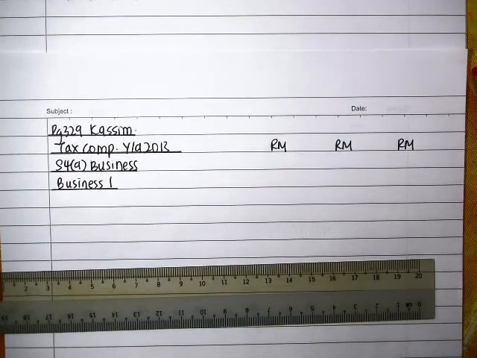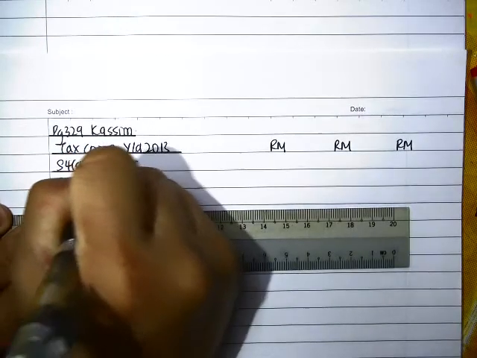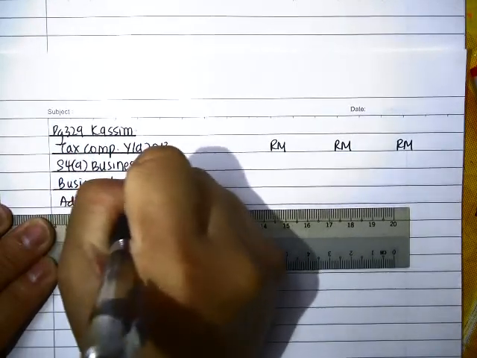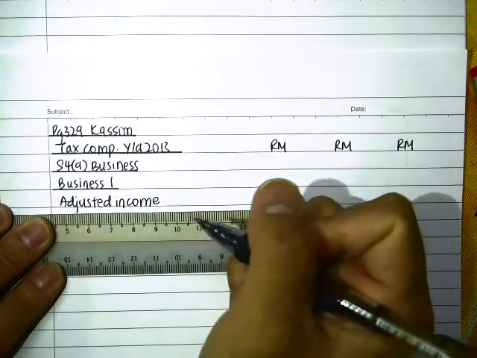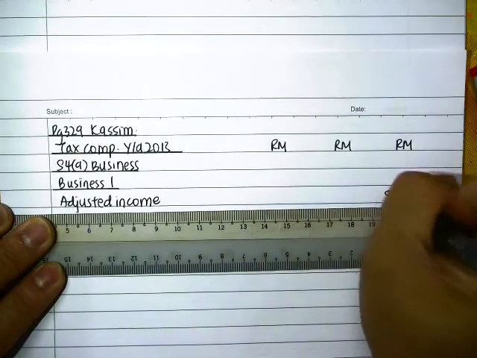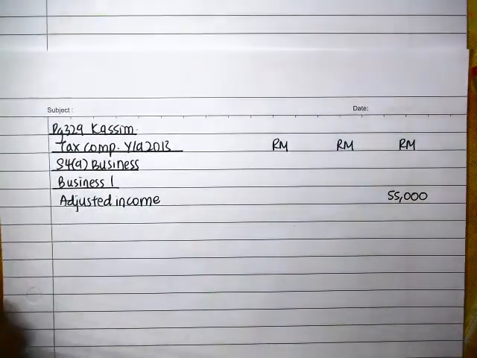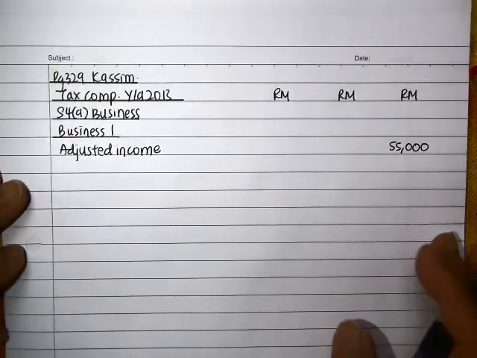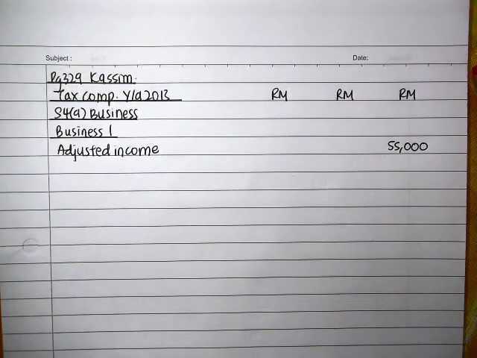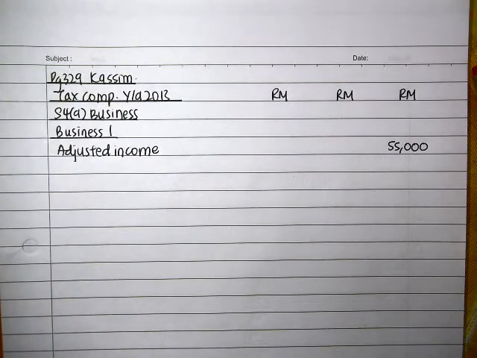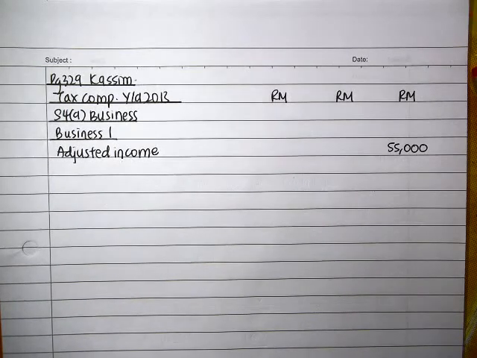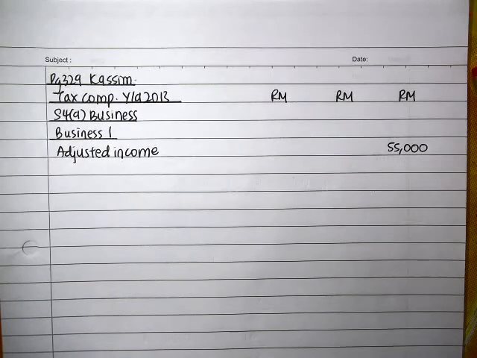See, they already gave us the adjusted income. So adjusted income for business 1 is 55,000. After adjusted income, what do we bring in?